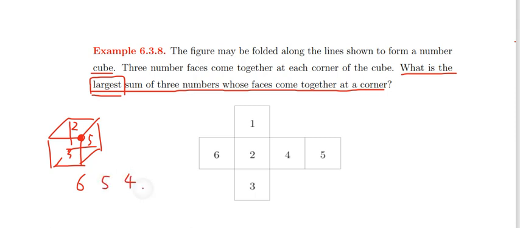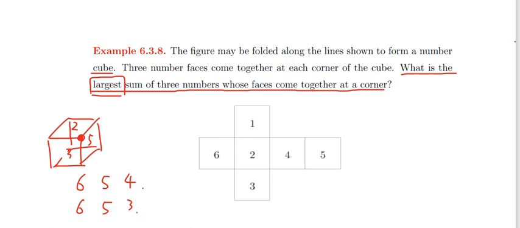This is the largest. Or 6, 5, 3. Or 6, 5, 2, like that.